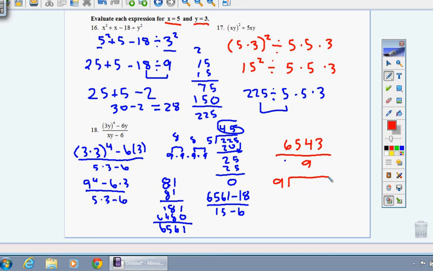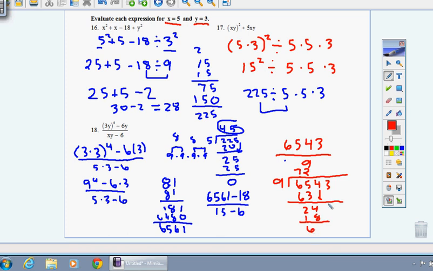So what's 6,543 divided by 9? Well, 9 doesn't go into 6, but 9 does go into 65. It goes in 7 times. So 9 times 7 is 63. Alright, so 65 minus 63 is 2. 9 doesn't go into 2, so we have to bring down the 4. How many times does 9 go into 24? Well, 9, 18, 27. Only 2 times. 9 times 2 is 18. 24 minus 18 is 6.